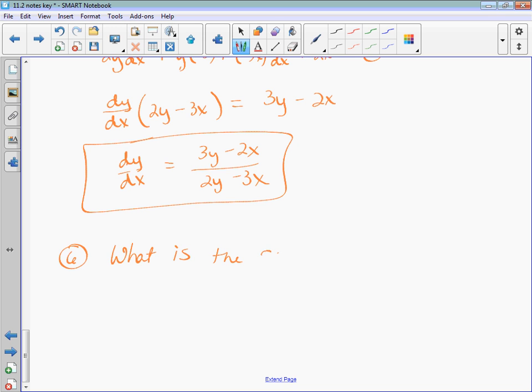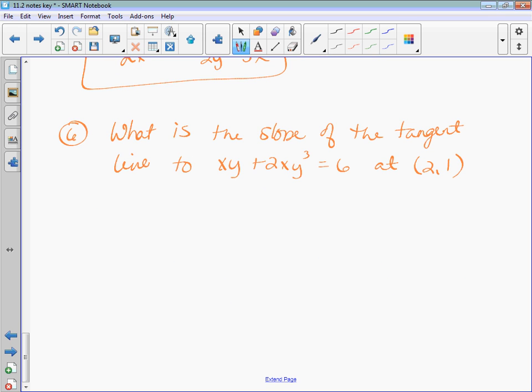What is the slope of the tangent line of xy plus 2xy cubed equals 6 at point 2, 1? Alright. So guys, this is one where you should get just a number at the end, okay? When I'm asking you what is the slope at a point, I'm looking for a numerical answer. So go ahead and try.